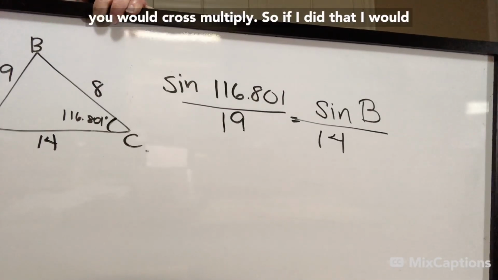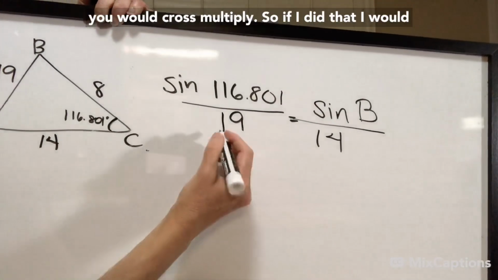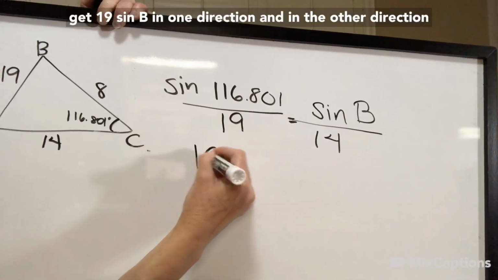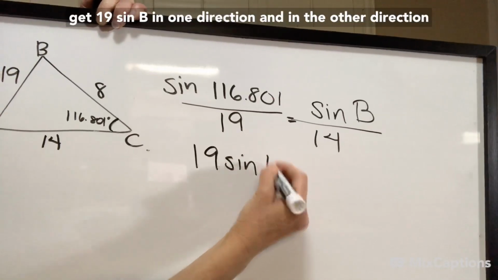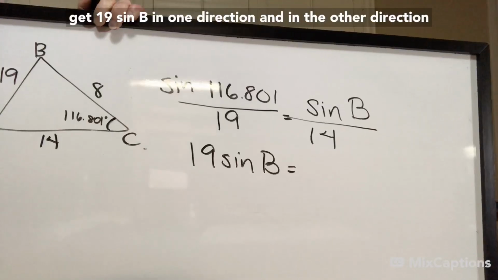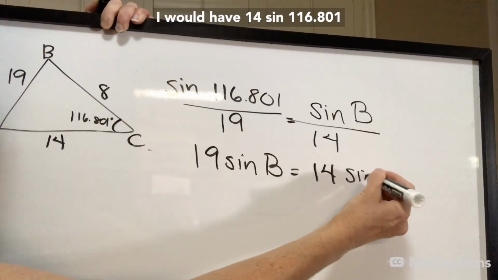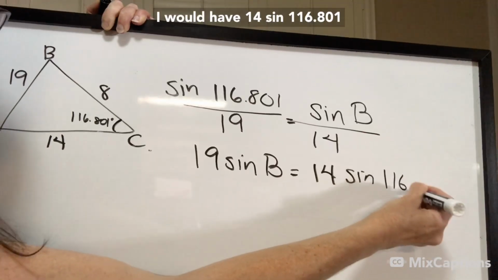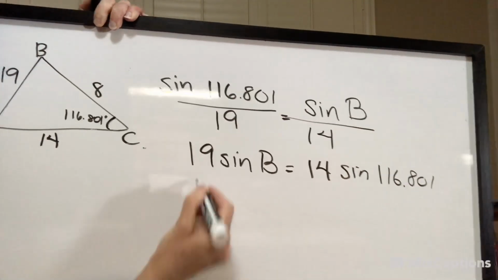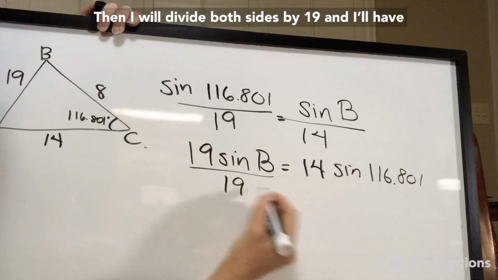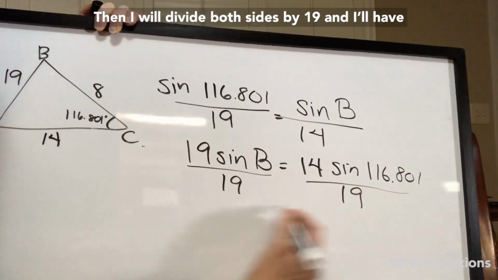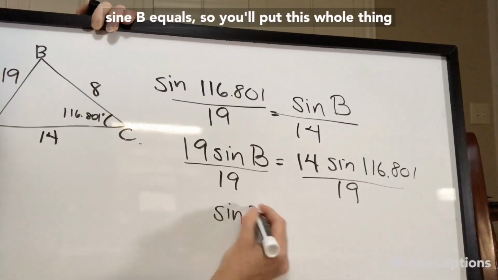So you would cross multiply. So if I did that, I would get 19 sine B in one direction, and on the other direction I would have 14 sine 116.801. Then I will divide both sides by 19, and I'll have sine B equals.